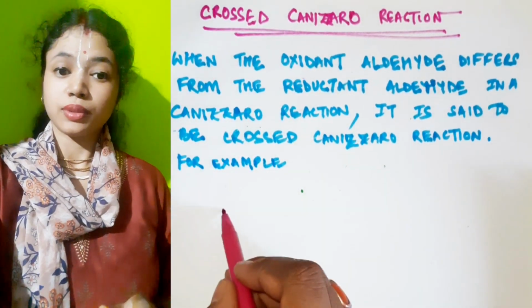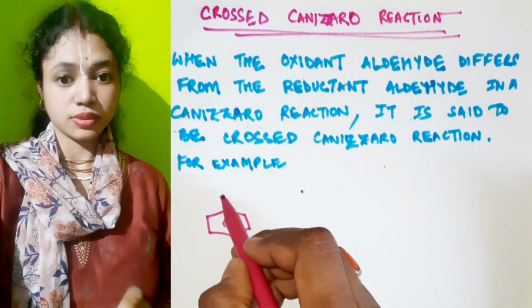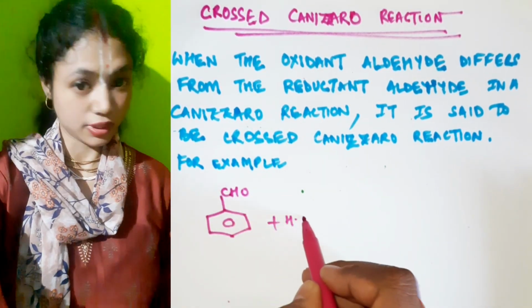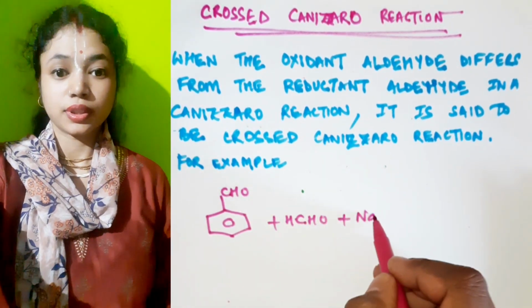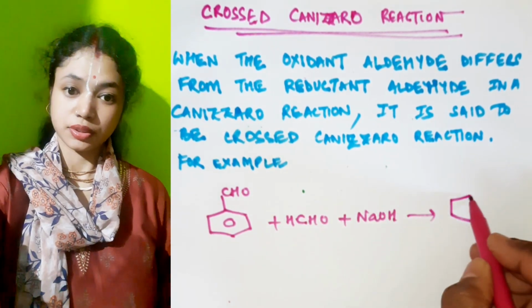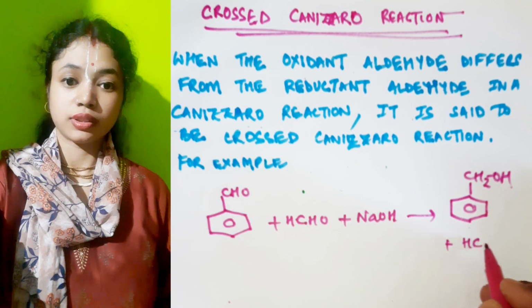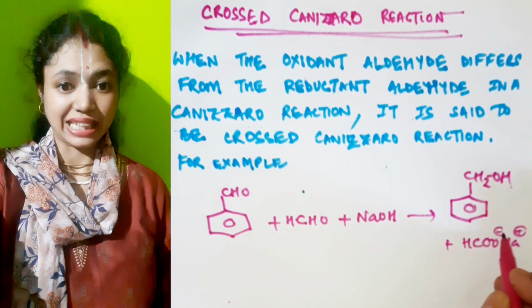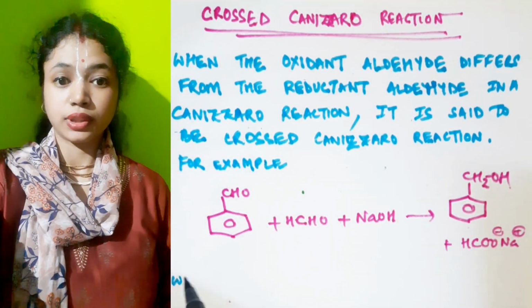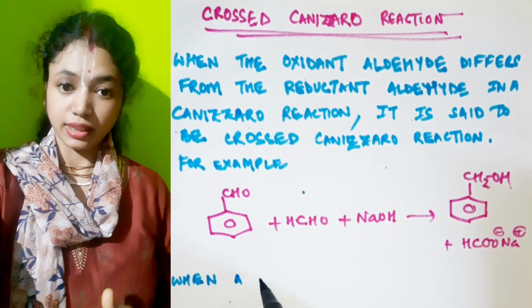So for example, if you take benzaldehyde, and if you take formaldehyde, HCHO, and sodium hydroxide, and if you heat, you are going to get C6H5CH2OH, benzyl alcohol, and you get the sodium salt of methanoic acid.